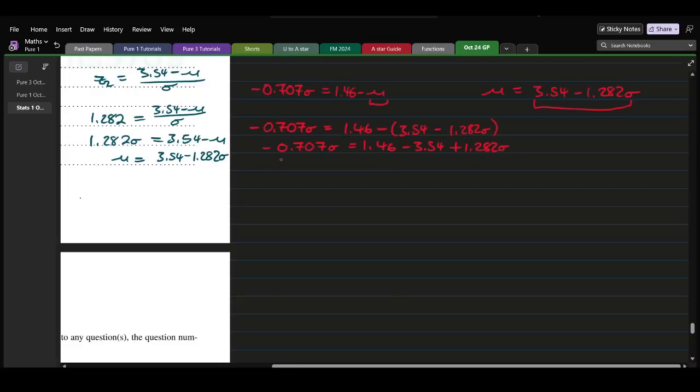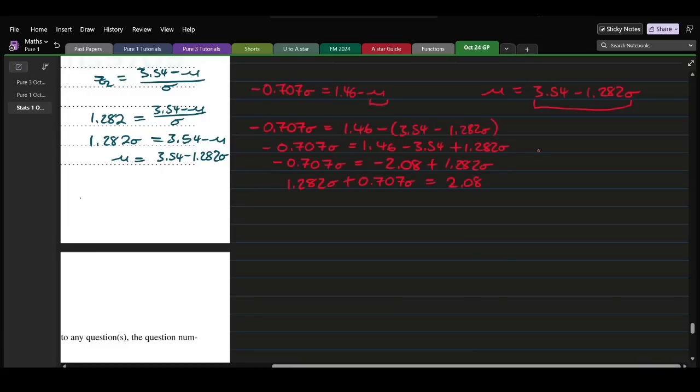So that's negative 0.707 sigma is equal to, we have 1.46 minus 3.54, and that gives us negative 2.08 plus 1.282 sigma. Let's make sigma the subject of the formula. So that's 1.282 sigma plus 0.707 sigma is equal to 2.08.